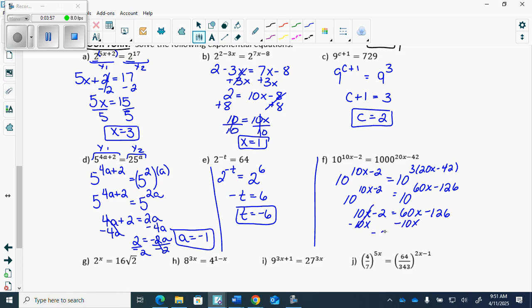Okay? So negative 2 equals 50x minus 126. Add 126. So you get 124 equals 50x. Divide by 50. And we get 62 over 25.